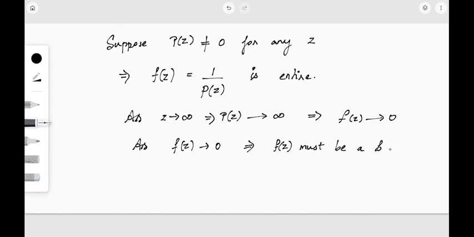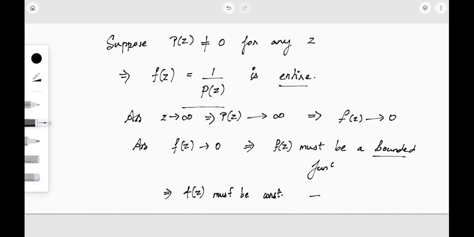Otherwise f of z tending to 0 is not possible. So we have a bounded entire function. So by Liouville's theorem, f of z must be a constant, right? So the function f of z equal to 1 by p of z is a constant.